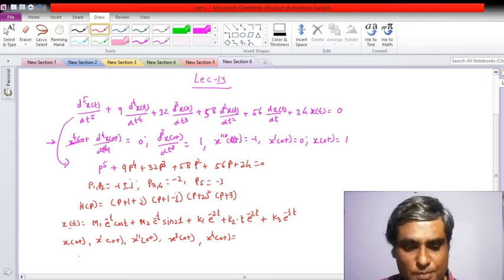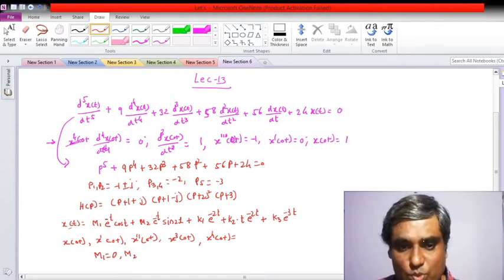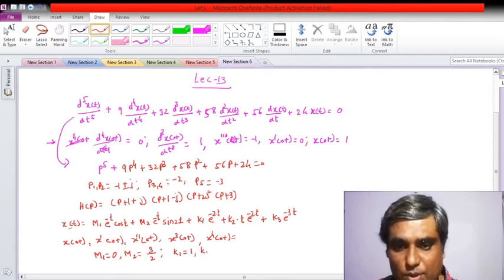And if you solve, you will get the value of m1 is 0, m2 is, you do at your home to get this answer. k1 I got it 1, k2 is 1 by 2, and k3 is 0.